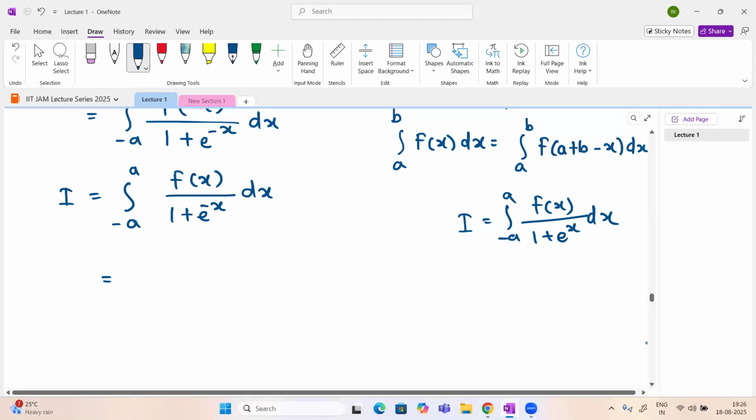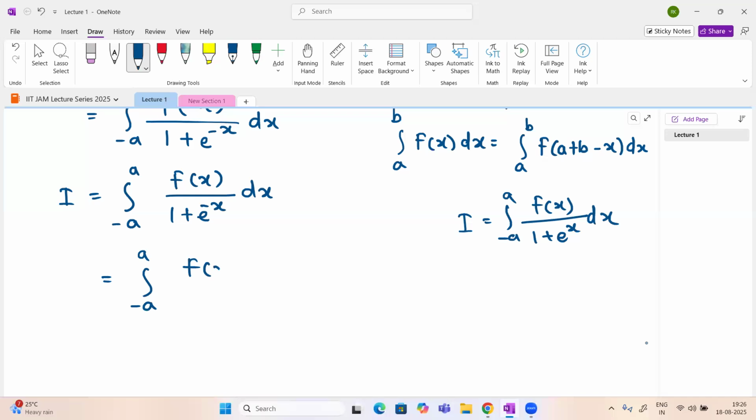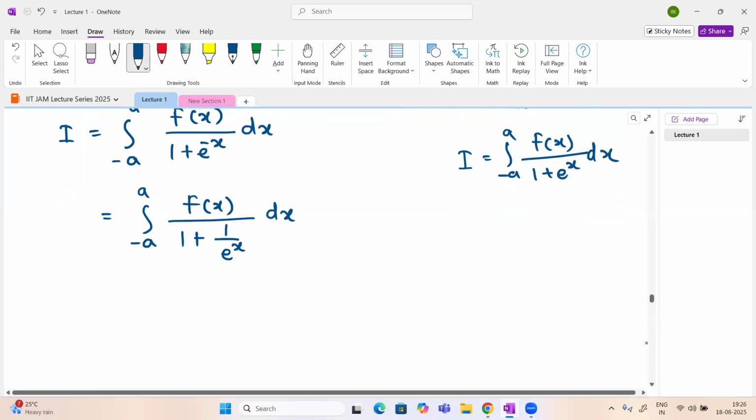But I need to solve it further, so what will I do? Integration minus a to a f of x. I will do my favorite thing. When you have any negative power, e raised to minus x is 1 upon e raised to x, right? Shall I cross multiply?